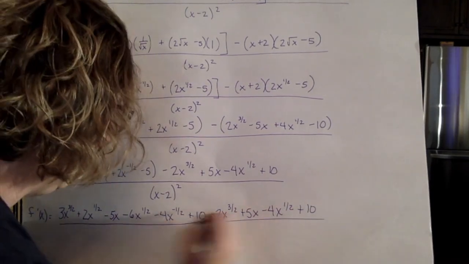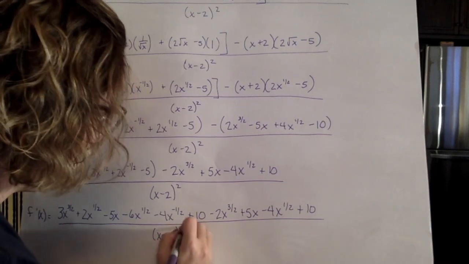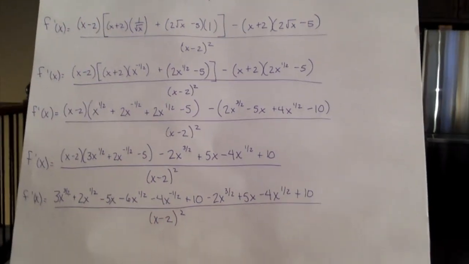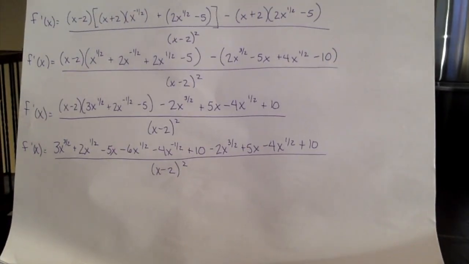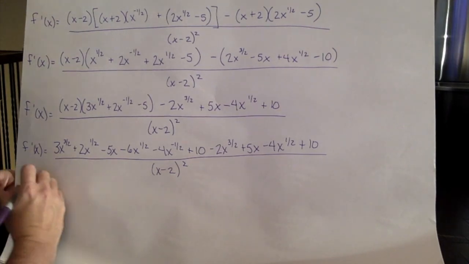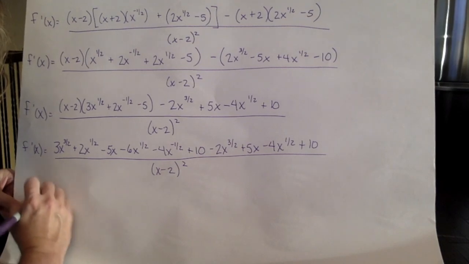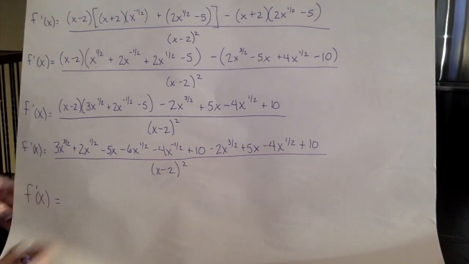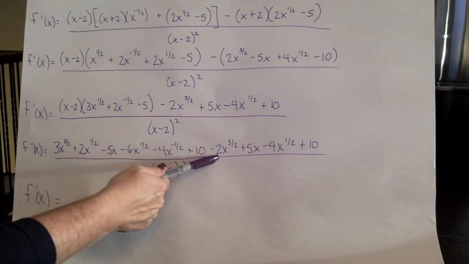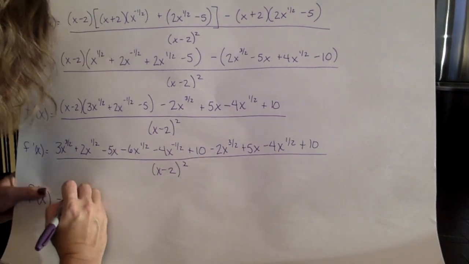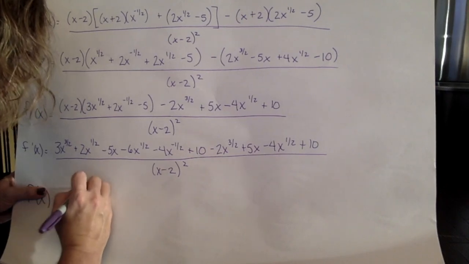All still over x minus 2 squared. Okay. And I think, luckily, since we're at the bottom of the paper, we're about to find our final answer. Now I'm going to be looking for any like terms I have that I can put together. We have 3x to the 3 halves minus 2x to the 3 halves, which would be 1x to the 3 halves.